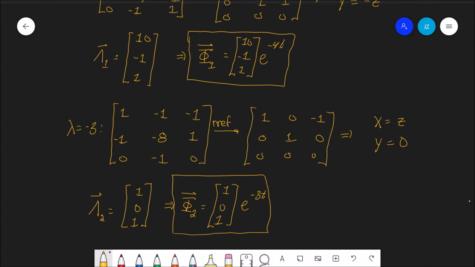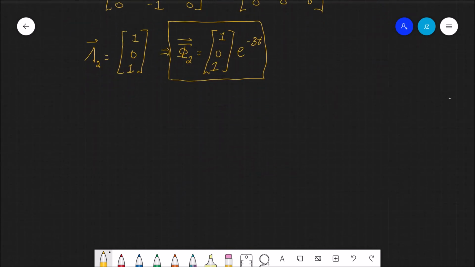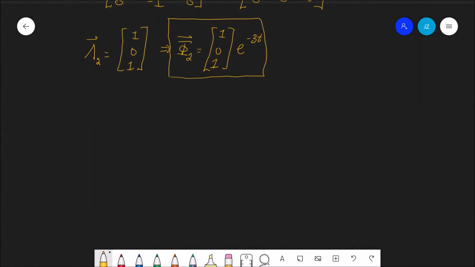That leaves one more eigenvalue, lambda equals 5. So this will give us the 3 by 3 matrix 9, negative 1, negative 1, negative 1, 0, 1, 0, negative 1, and 8, which will row reduce.